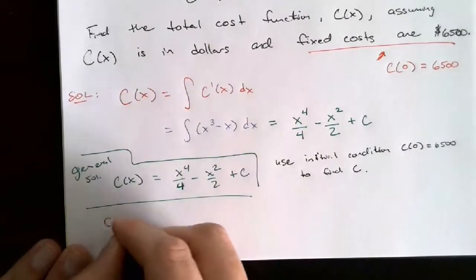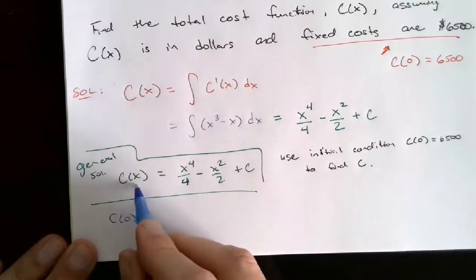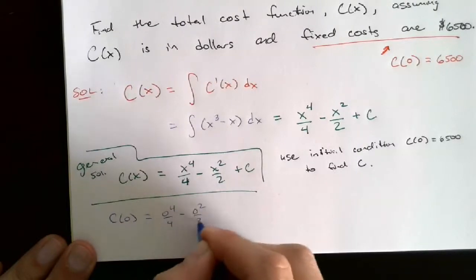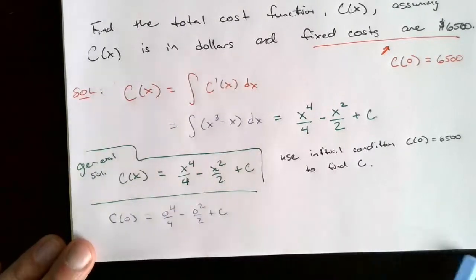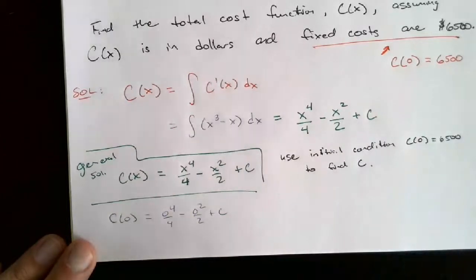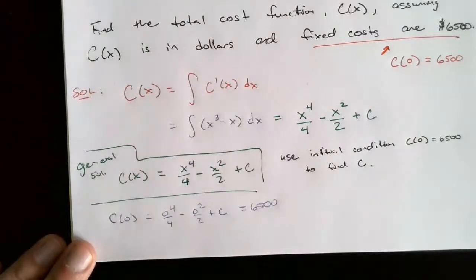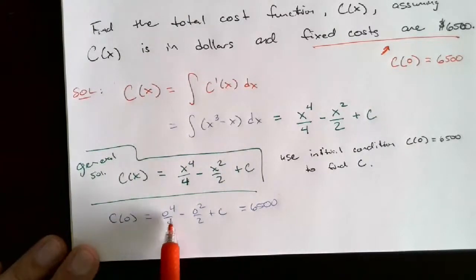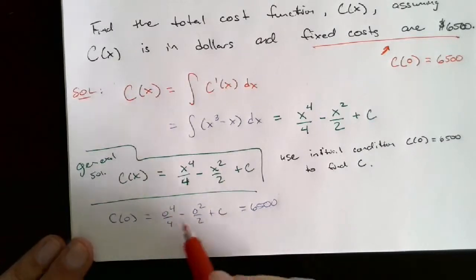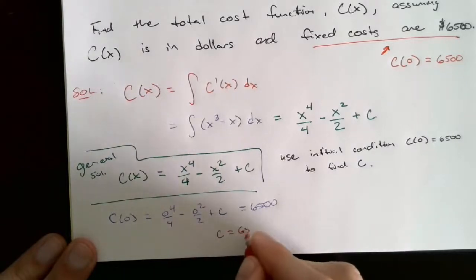So c of 0 is equal to, everywhere you saw an x, you're putting in 0 now: 0 to the fourth over 4 minus 0 squared over 2 plus c. And we know this should be equal to 6,500. In this example, it's pretty easy because the terms with 0 are going to cancel out. 0 to the fourth is 0, divided by 4 is still 0, minus same thing here, 0. So I end up with c equals 6,500.